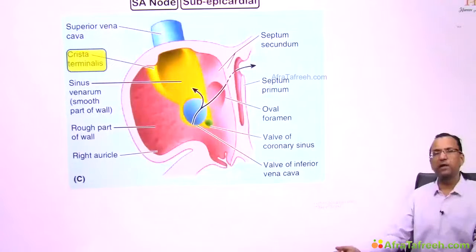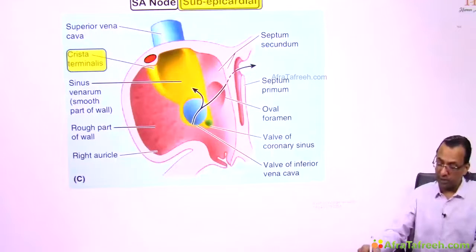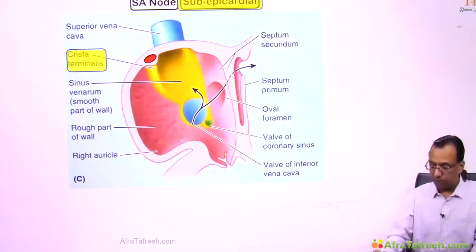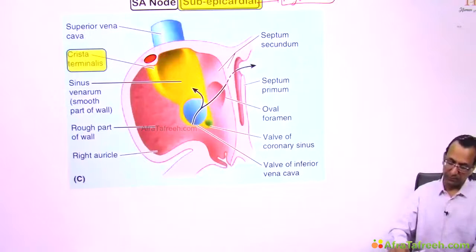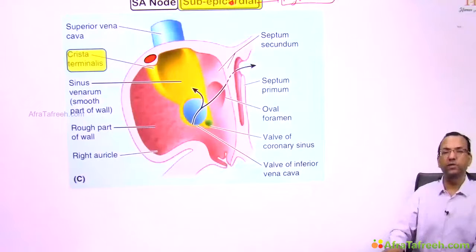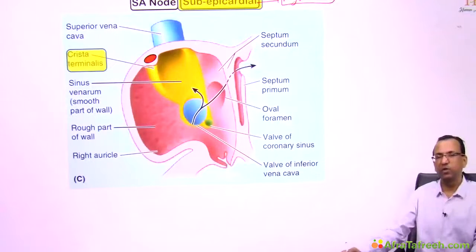But if the subepicardial region is not in the options, then you have to say it is in the myocardium. Some books say it is developing in the myocardium, though not Gray's Anatomy.